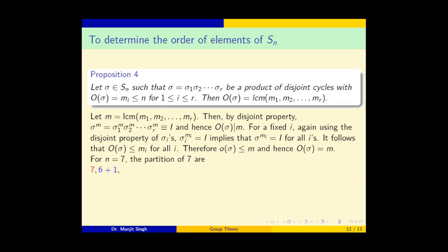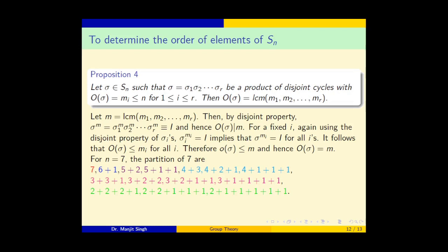For n equals 7, you can see here the partitions of 7: 6 plus 1, 5 plus 2, 5 plus 1 plus 1, 4 plus 3, 4 plus 2 plus 1.